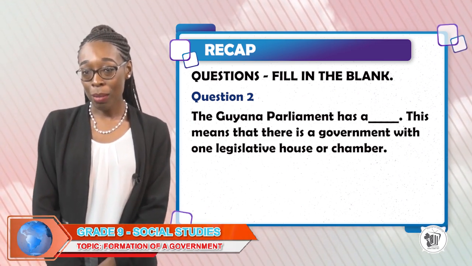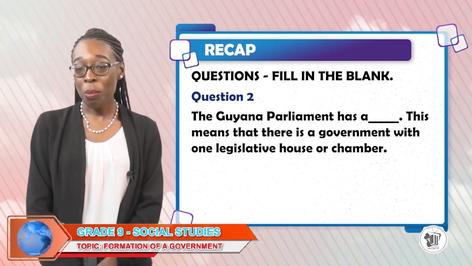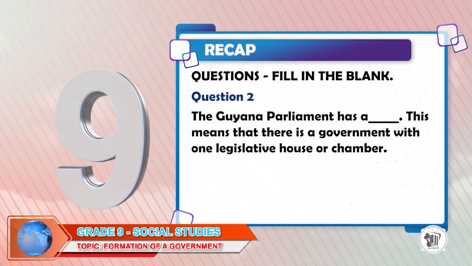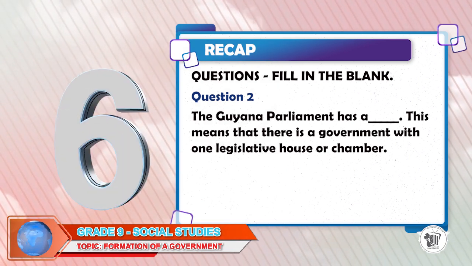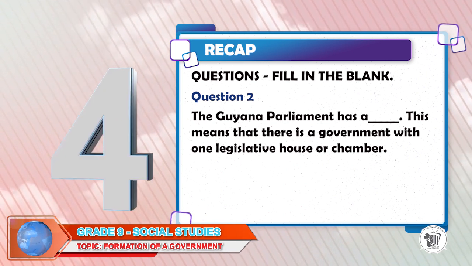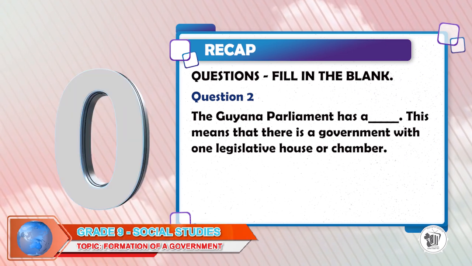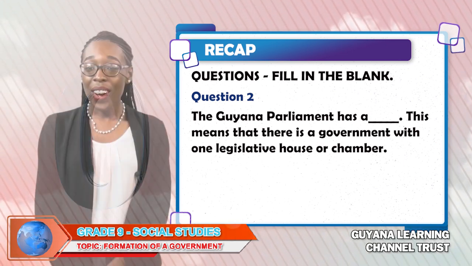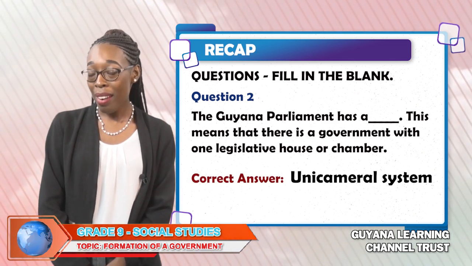What is that something called? It's a system, and we mentioned it in our previous lesson. If you said a unicameral system, you are correct.